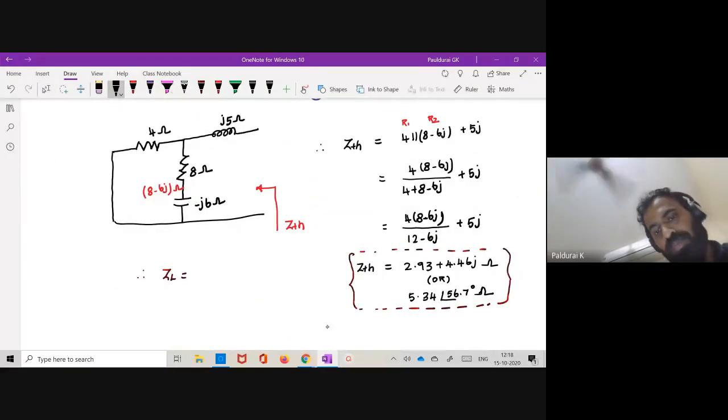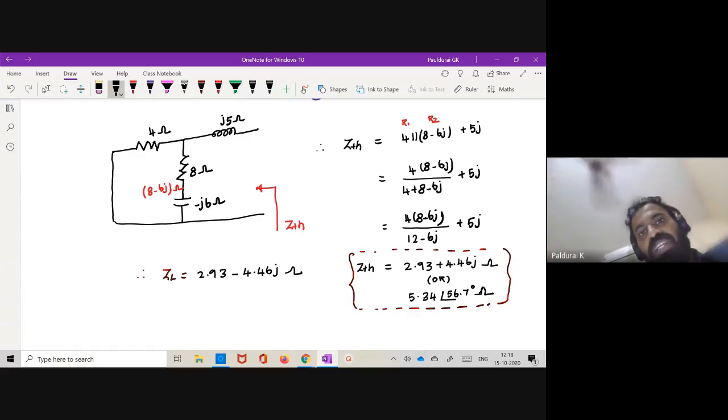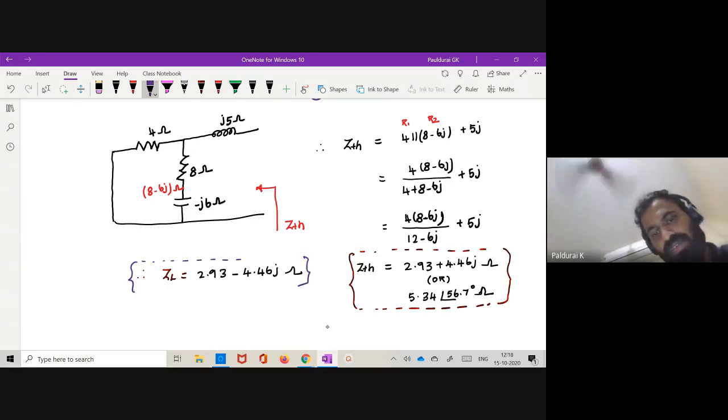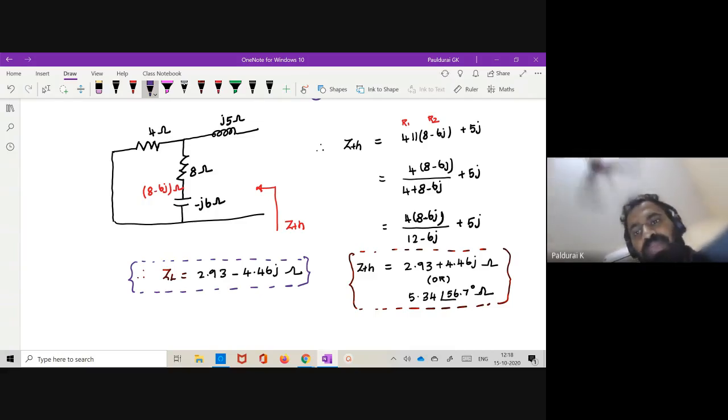It is 2.93 minus 4.46 J. So this is the required ZL value for maximum power dissipation across the load. So we found ZL. First subdivision over. Any doubt till now? Step by step, please do.